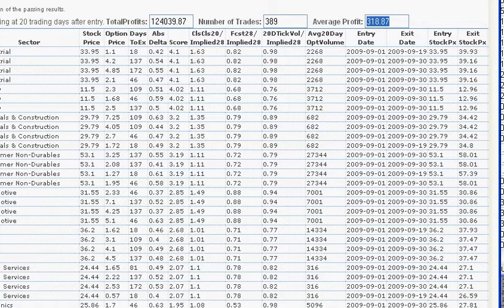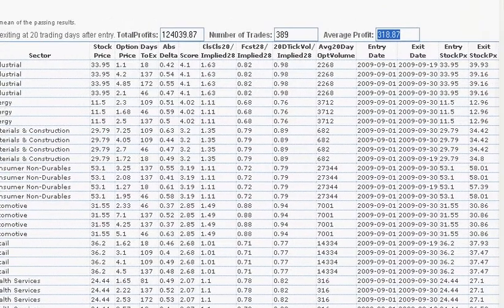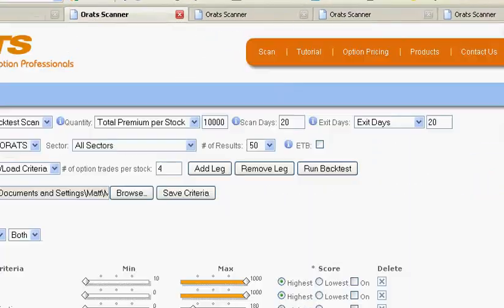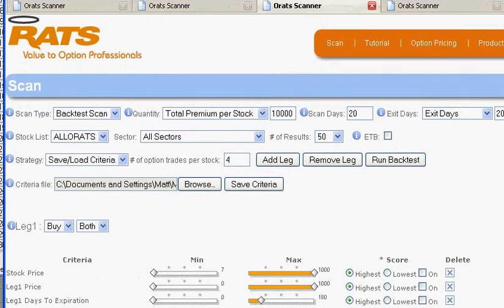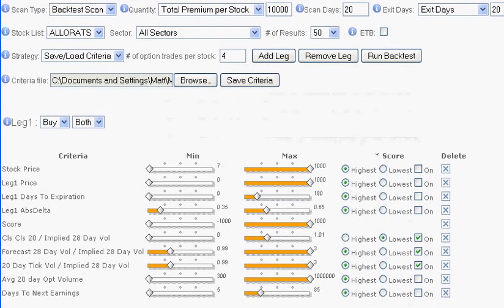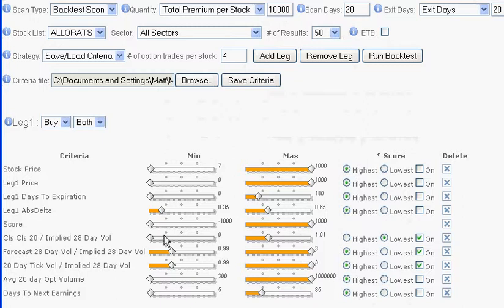Now, one of the things that we do is we also have a long portion of this. So let's switch to that. Here's another scan that we put together that is buying, and we're buying when the close to close is going to say it's a sell.